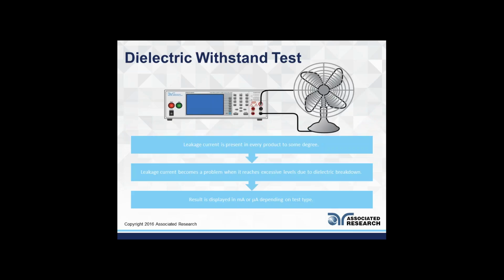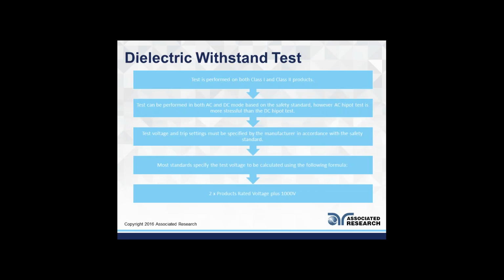The way you perform a high pot test is by applying high voltage to your line and neutral, taking a return on the chassis of your product. This could be any exposed metal part, or maybe even the ground lug of your product. The leakage current is present on the majority of your DUTs, and most of the time the standards are only looking for breakdown.